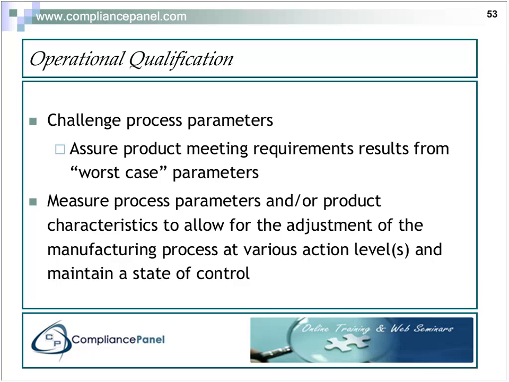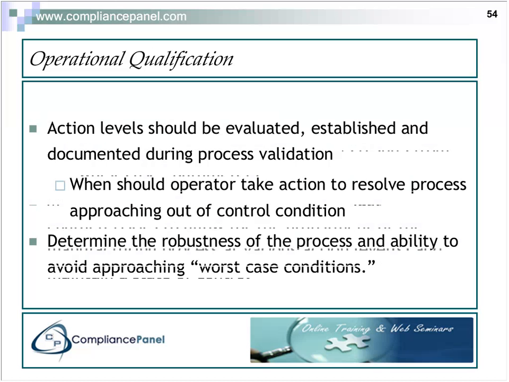Maybe the demand is at a certain level, and we stop the process. So we would perform that stop and determine if it's producing the correct results. And we need to establish, evaluate, and document those during process validation and describe when the operator should take action, and this should all be written into the procedures for this particular production process.